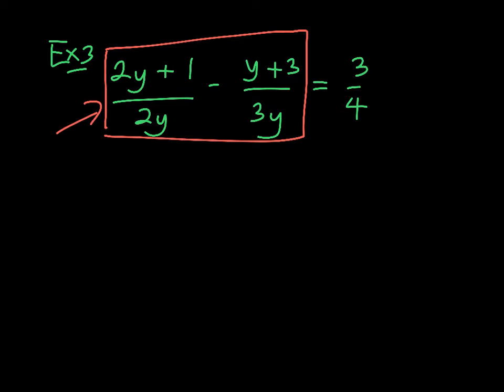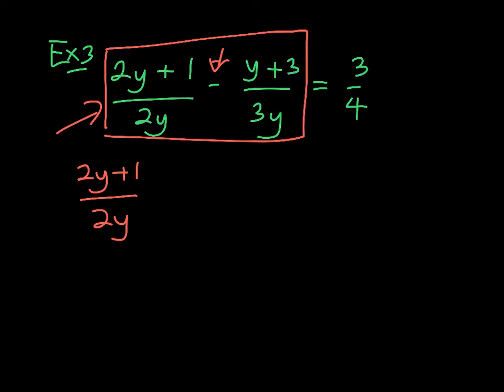Well, we go ahead and do the subtraction process. So first, they need to have the same denominator. So this is 2y plus 1 divided by 2y. We want to convert it to equivalent fractions that have the same denominator.